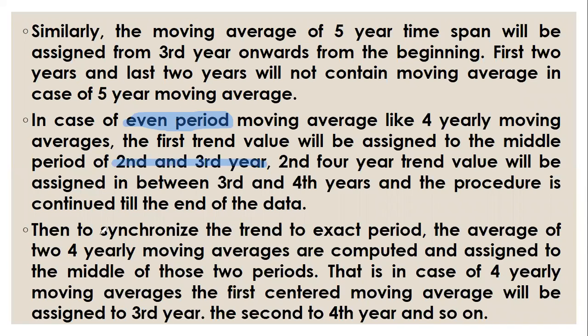Then to synchronize the trend to exact period. Now, since it is a 4-year period and we will not get exact data, so to get into the proper form, we will take the trend to the exact period by taking the average of two 4-yearly moving averages and assigning it to the middle of those two periods.